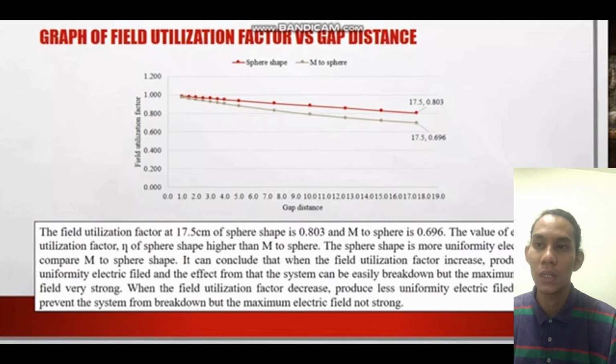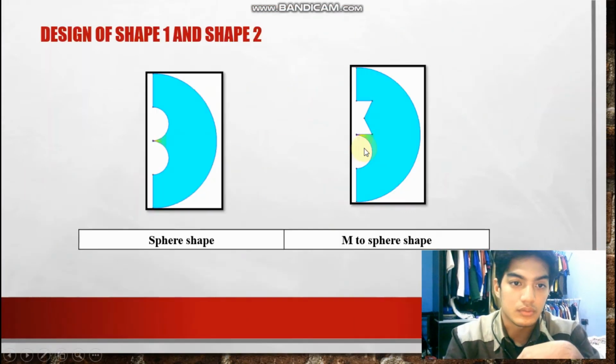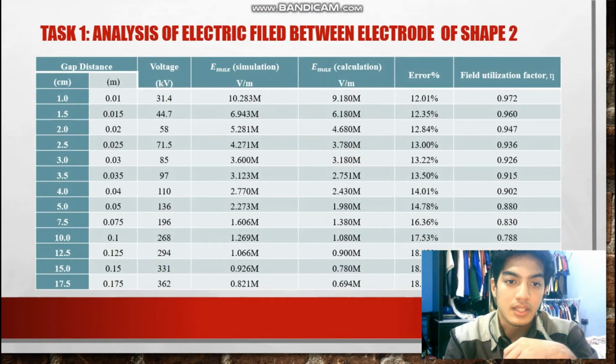When the field utilization factor decreases, it produces a less uniform electric field and can prevent the system from breakdown, but the maximum electric field is not as strong. So at 17.5 cm the sphere shape at 0.803 is better compared to the M2 sphere at 0.969. Thank you.